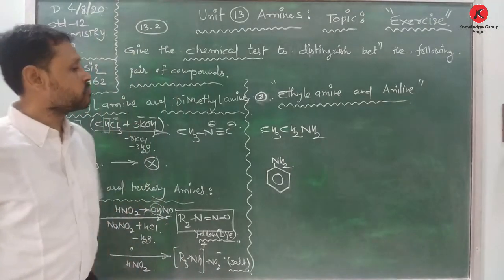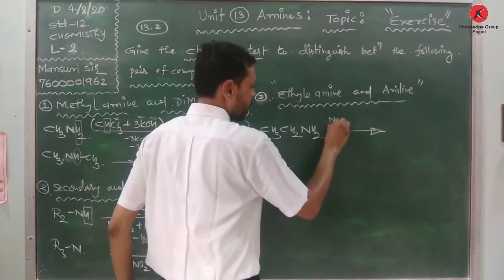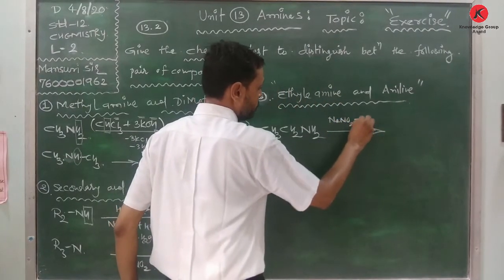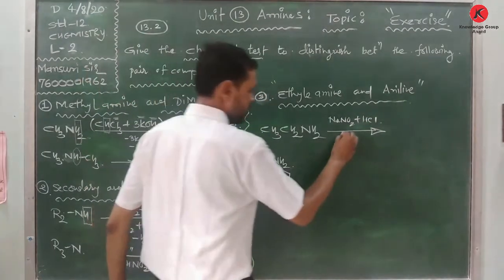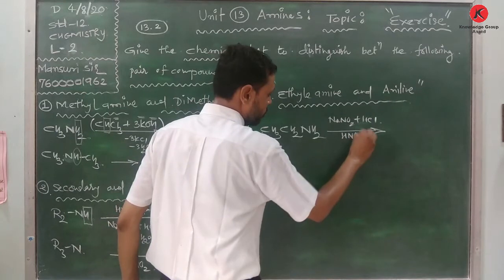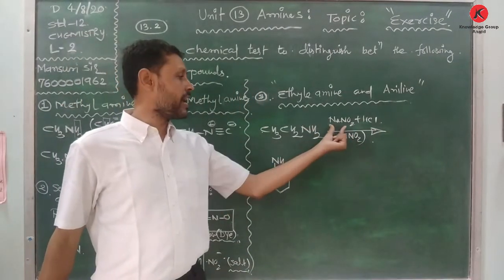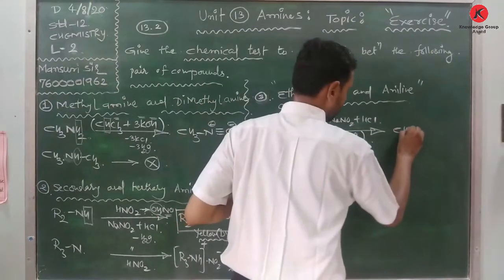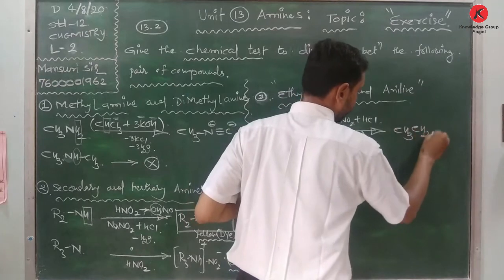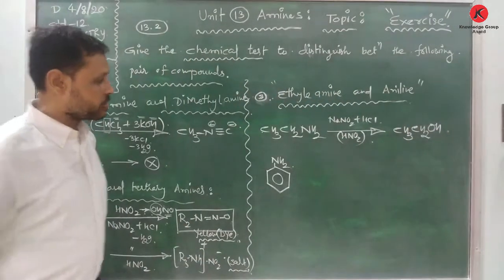Here you can see that ethylamine reacts with the mixture of NaNO2 plus HCl, that means it forms HNO2. Ethylamine reacts with the mixture of NaNO2 plus HCl, then forms ethanol, CH3CH2OH. Right? How is it possible?